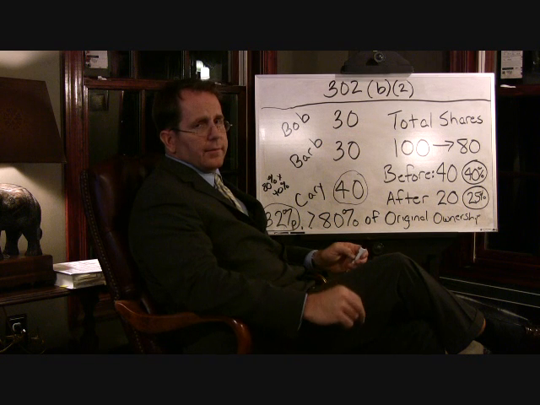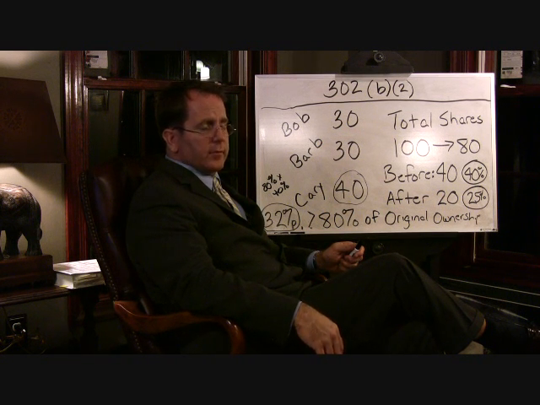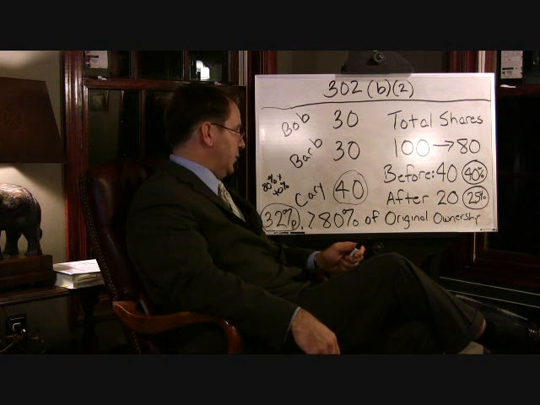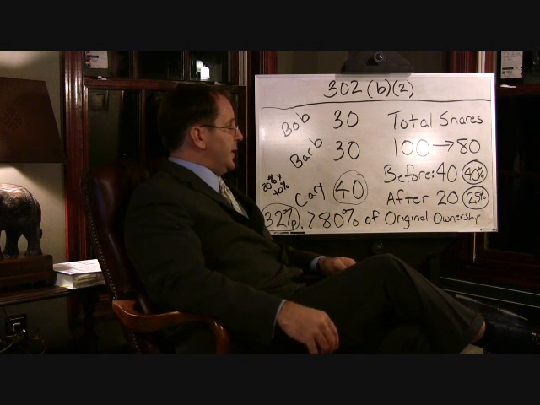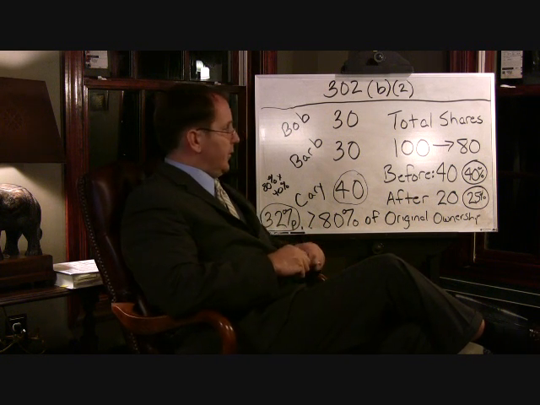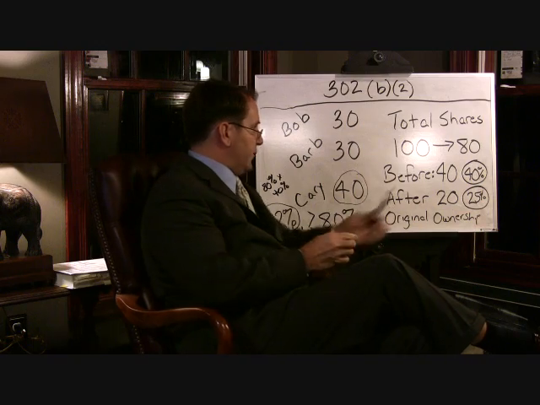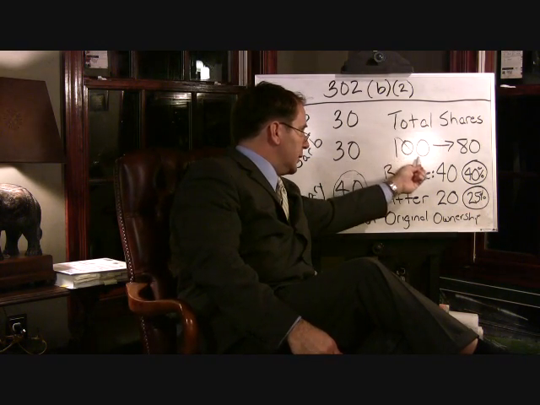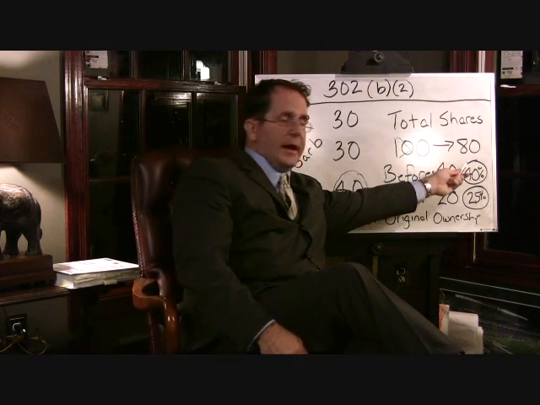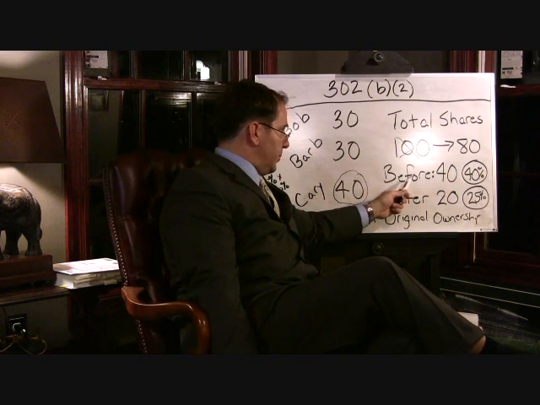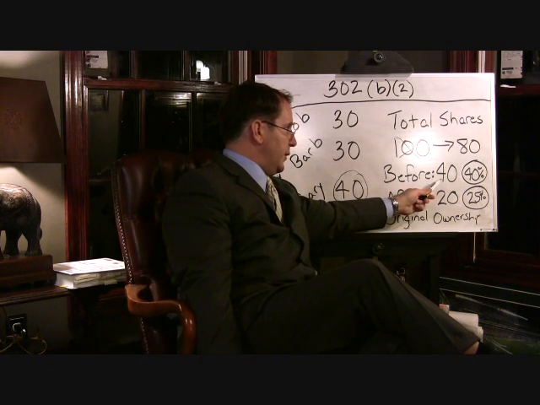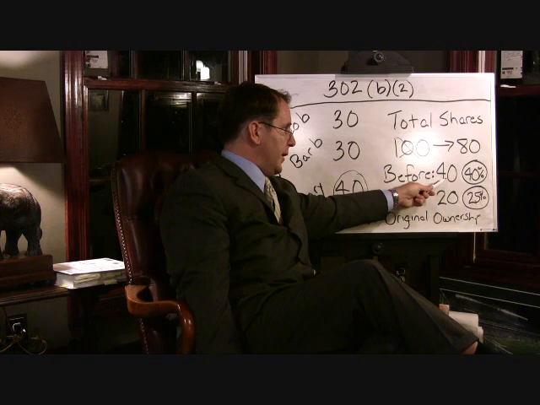Carrie will want to qualify for sale or exchange treatment so that this will be treated as capital gain to her. At the end of the day, if the company is redeeming 20 of her shares, the total shares outstanding is going to drop from 100 to 80, correct? So before, Carrie had 40 shares of the 100. The numerator is 40.